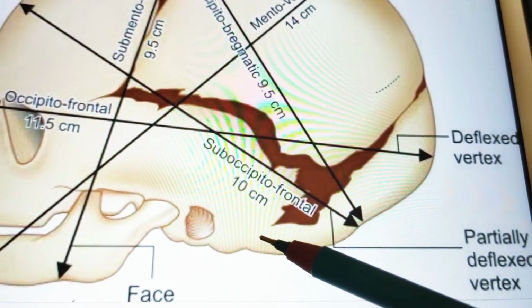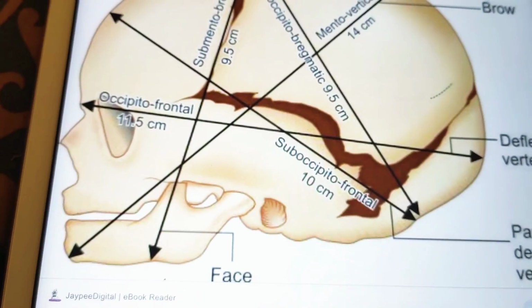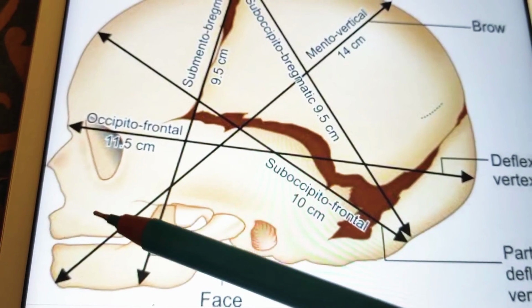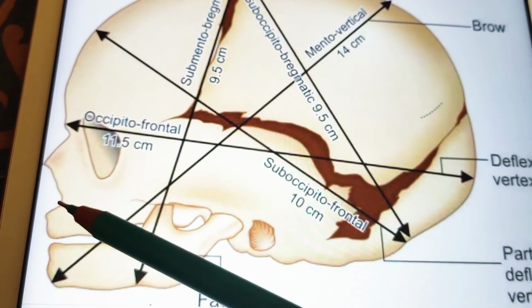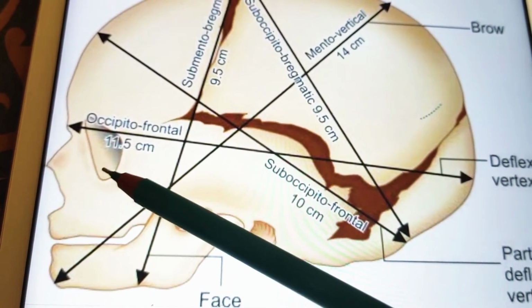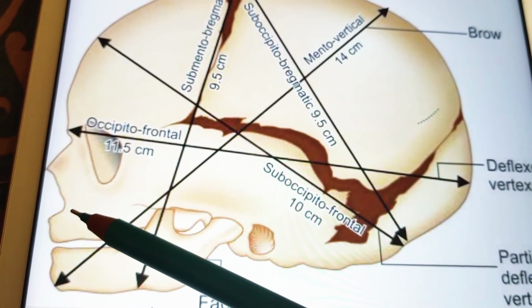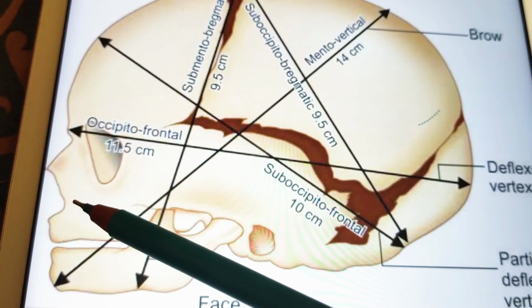Now coming to the orbit, it is large and the germs of developing teeth lie close to the orbit floor. The nasal cavity floor and the orbit floor are almost in the same plane, but in adults they are different.